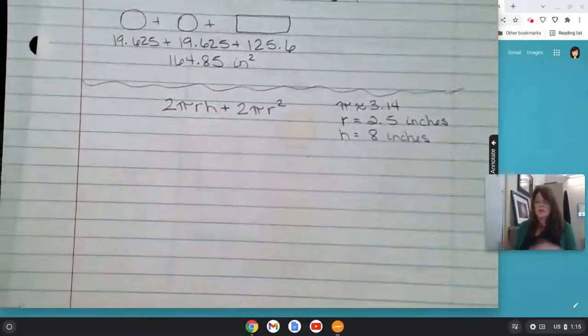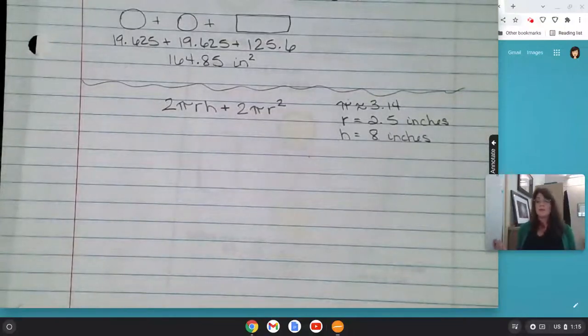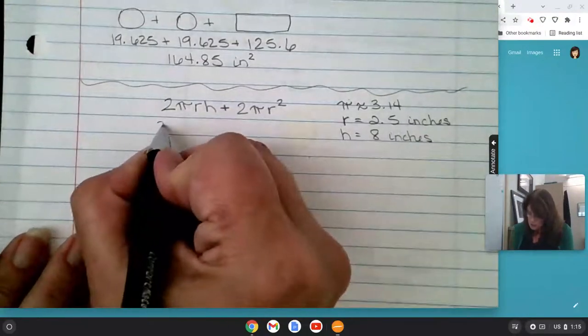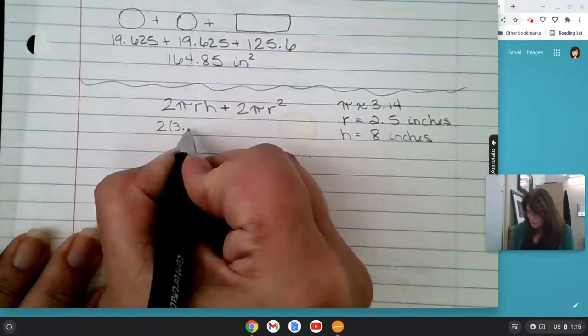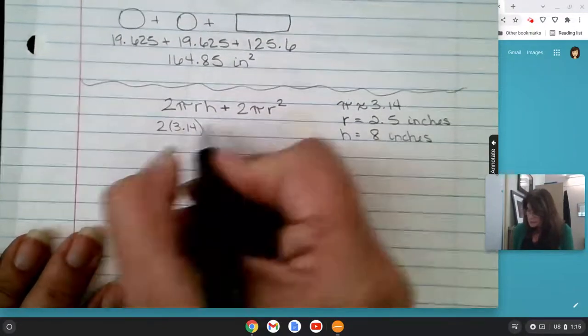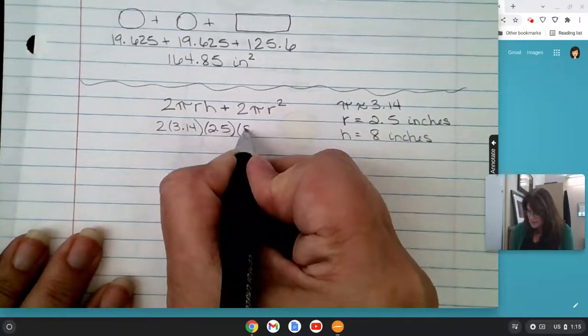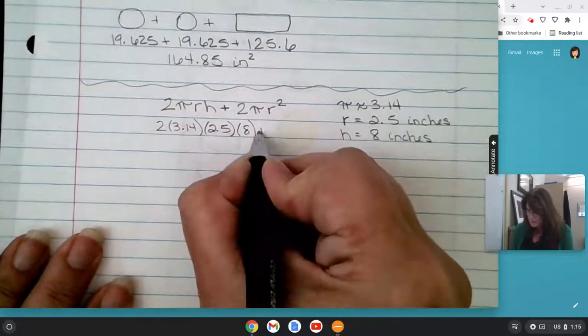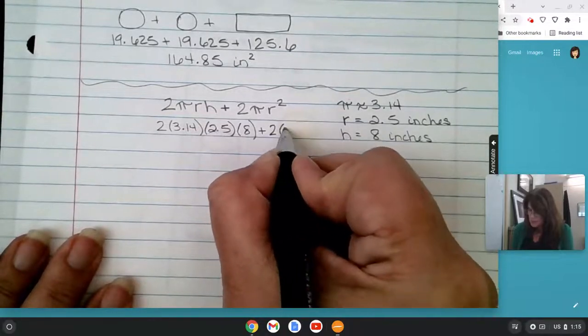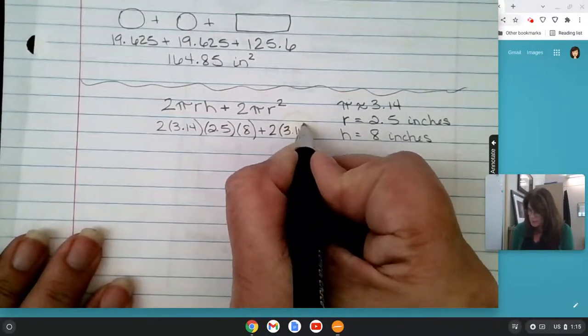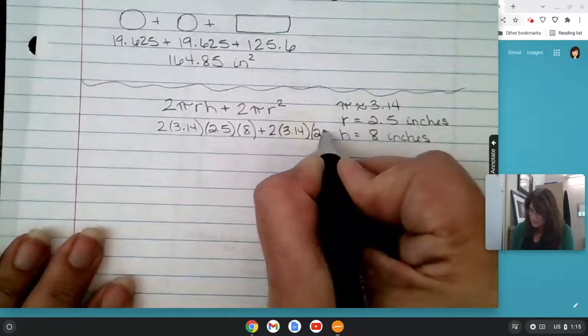So now we're just going to evaluate this expression like we've done with so many others. 2 times 3.14 times 2.5 times 8 plus 2 times 3.14 times 2.5 squared.